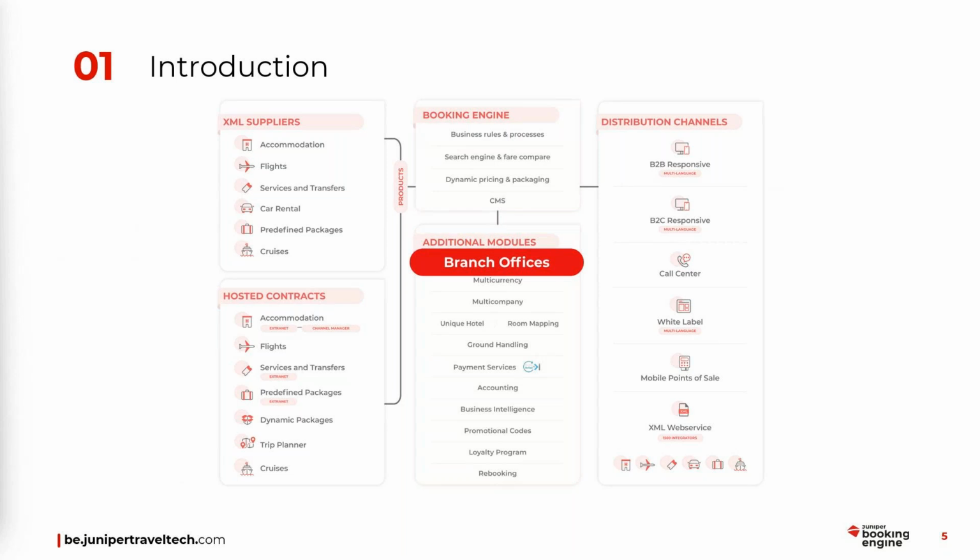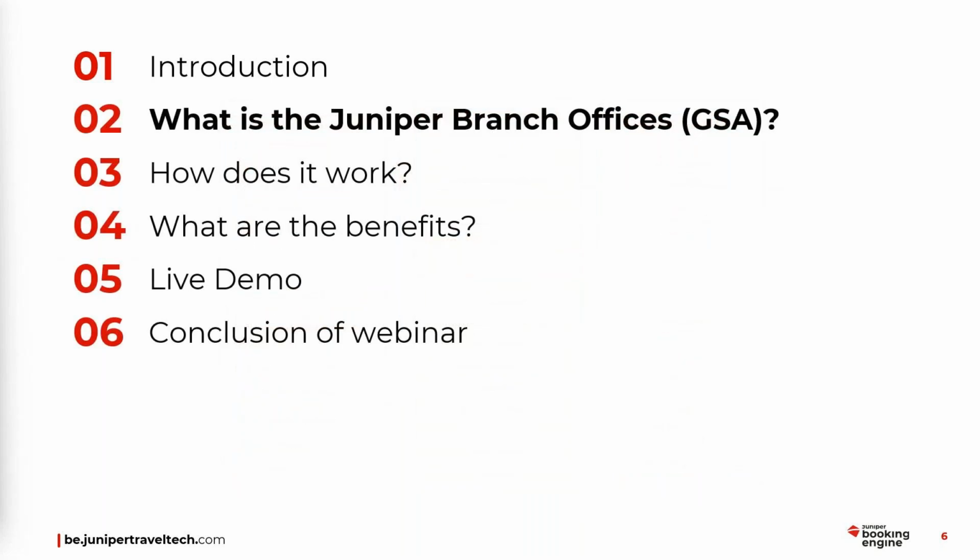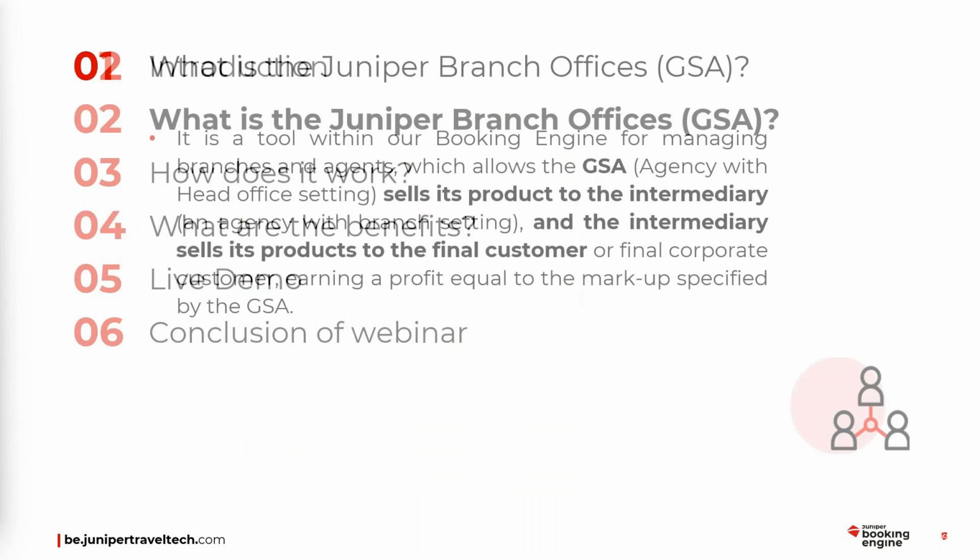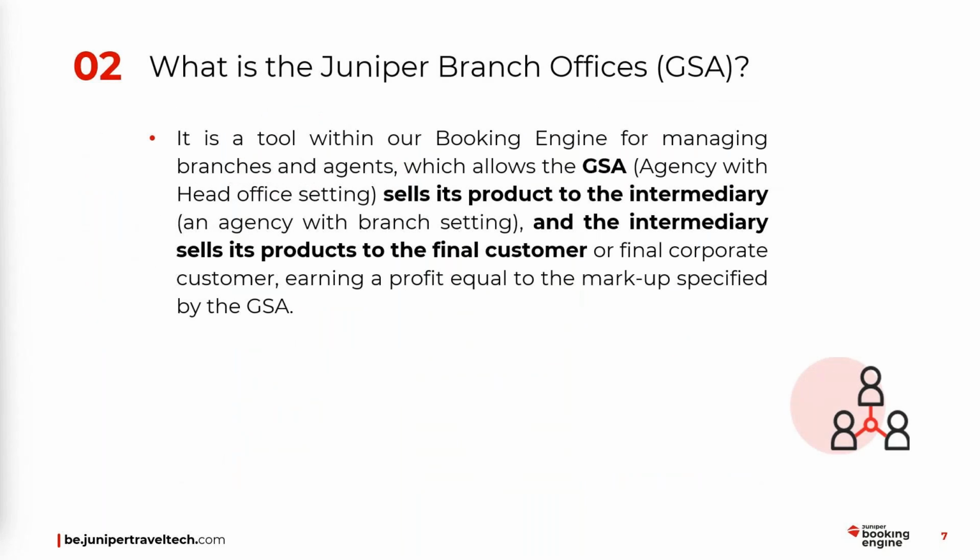In case of the Juniper branch offices, we can see from its location in the diagram that it is an additional module to those included in the booking engine. And what is the Juniper branch offices module? Initially, I'd like to inform you that the booking engine already offers the option to configure a head office with a related branch and its agents.